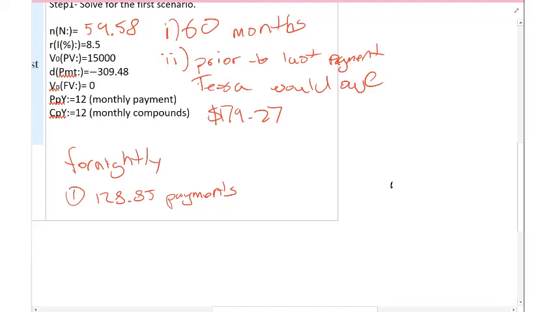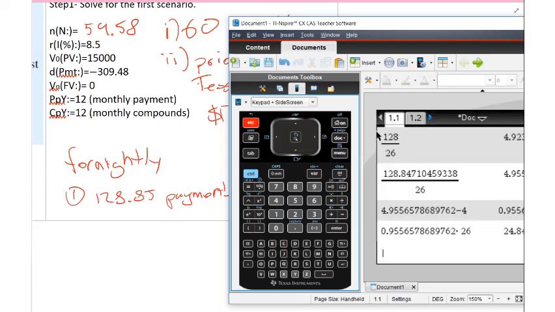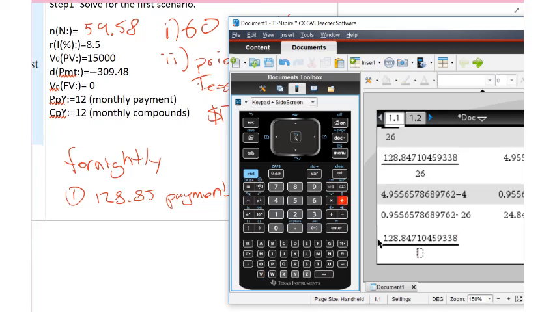All right, so now, of course, how does this number of payments translate to the number of years? Well, I take that number, Control C, get out of this, and put it in here with Control V, paste it, and divide that by 26, because that's what I've got to divide by here.